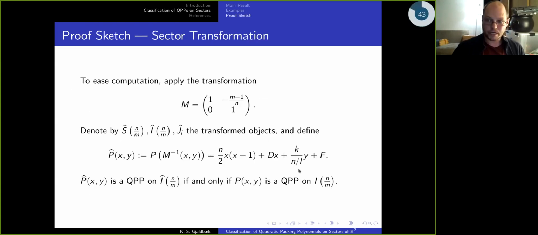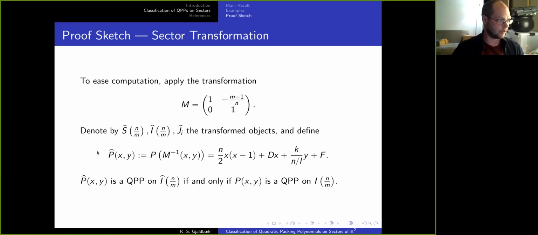So it makes computations a little bit easier if we perform a transformation that's similar to the ones we've seen, with the difference that this upper right entry is not an integer. So the skewed lattice is not necessarily an integer lattice. And same goes for the staircases.